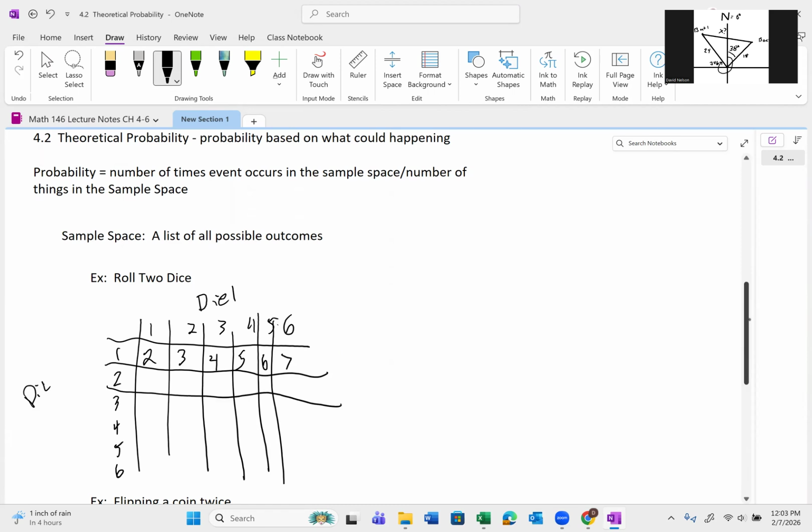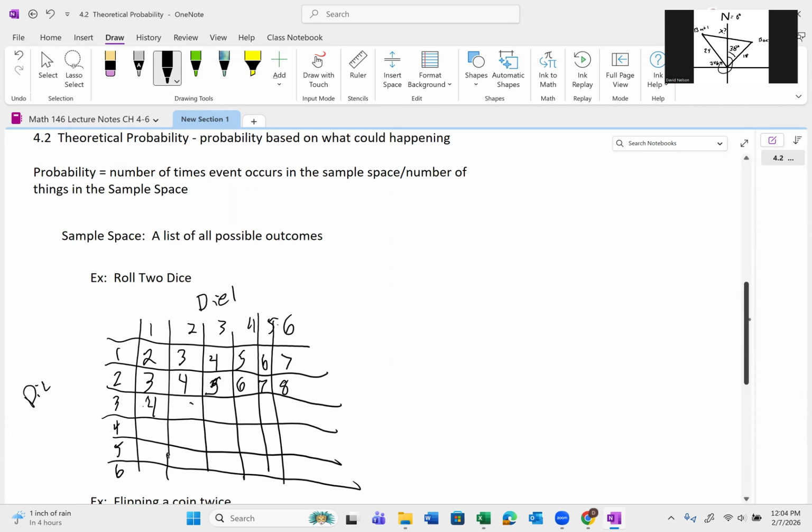Or maybe I could get a 2 on the second dice and a 1 on the first dice, and then the sum would be 3. 2 on both dice gives us a sum of 4. A 2 on the second dice and a 3 on the first dice gives us a sum of 5. 4 and a 2 is 6. 5 and a 2 is 7. 6 and a 2 is 8. And so we could go on and fill in this whole table about all the possible sums that we could come up with.